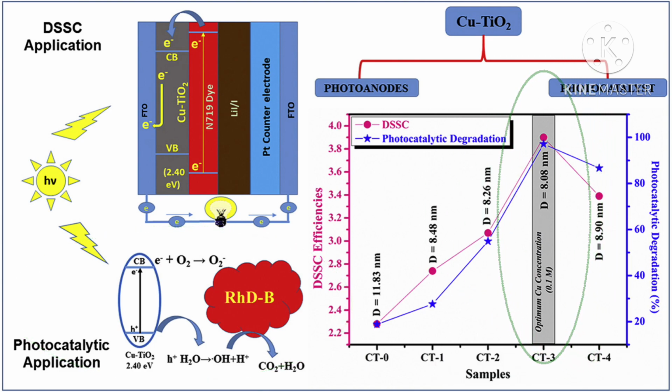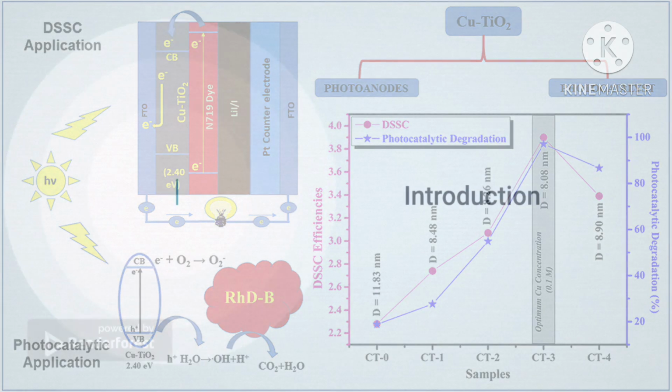The maximum efficiency of DSSC is 3.9%, and the maximum degradation of rhodamine B dye is 97%.